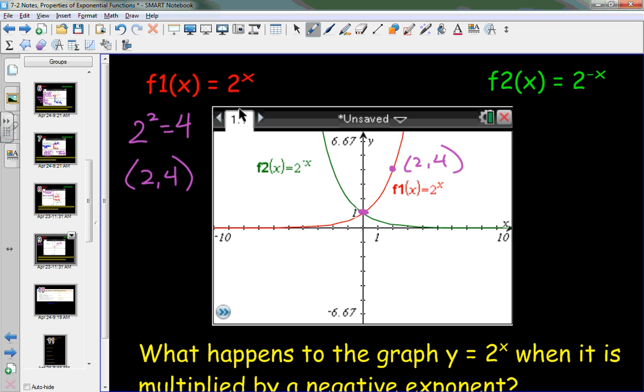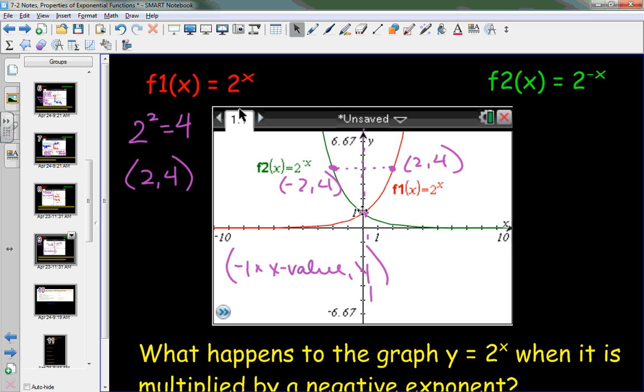Now what's happening to that to be reflected over the y-axis? I folded it, didn't I? I folded it right over that y-axis, which means I can have equal distance between the y-axis and the point 2, 4. So what's that ordered pair going to be? Negative 2, 4. So what you did here is you took your x value and you multiplied it by negative 1. And your y value stays the same.